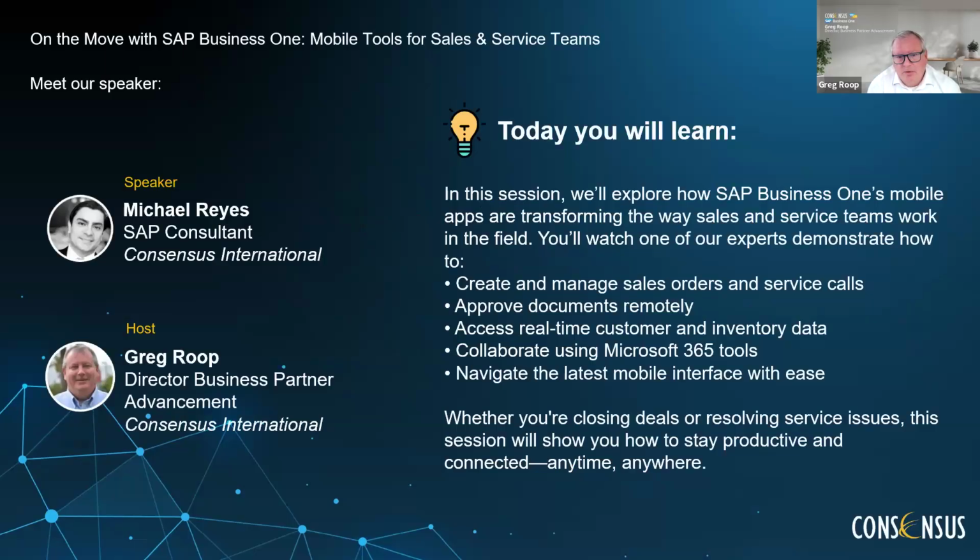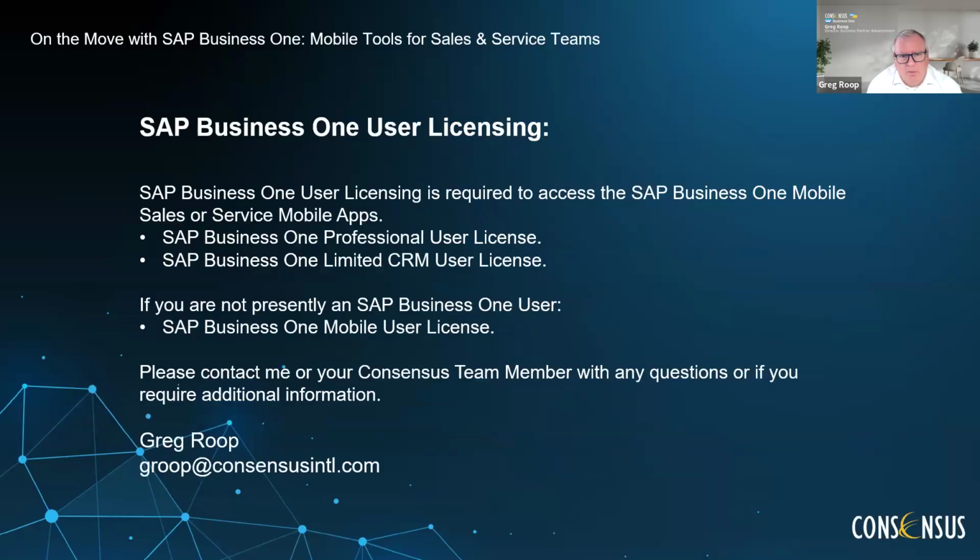So this is going to help you, going through some of the in a mobile app, to see some opportunity pipeline, create and manage some sales orders in here, access some of the real-time inventory data that's available, and also review some of the service calls that are out there and other documentation.